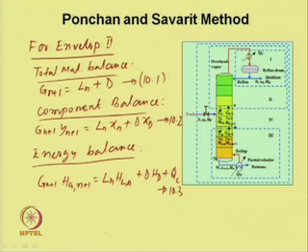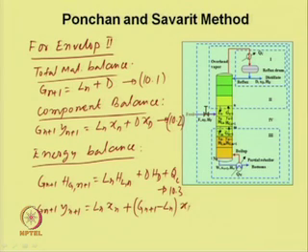From equations 10.1 and 10.2, if we substitute over here, we will have Gn plus 1 yn plus 1 would be equal to Ln xn plus Gn plus 1 minus Ln into xD.